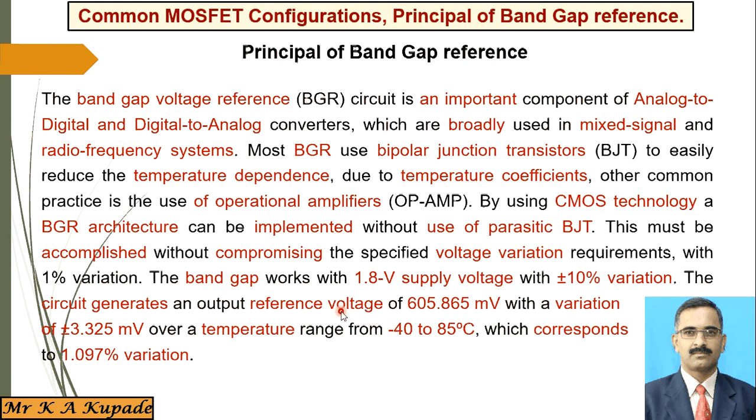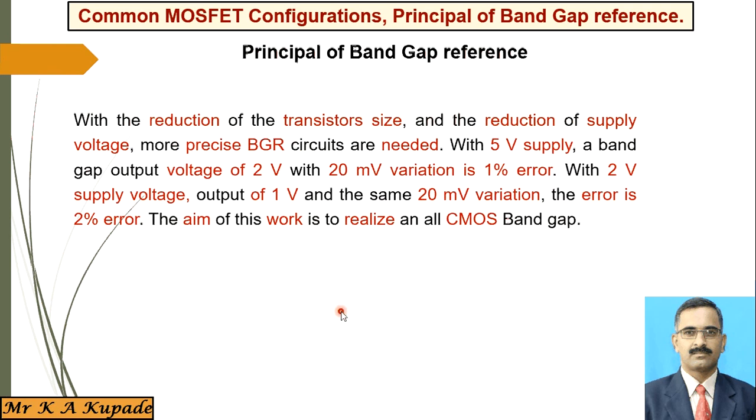So here the band gap principle of the band gap reference is considered with the BJT and op amp. Apart from that, suppose you want to implement CMOS technology, which gives a variation up to plus or minus 10% for a 1.0 volt supply voltage. So this is the concept. Now exactly how the concept is considered: with the reduction of the transistor size.